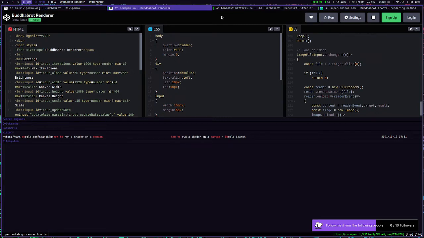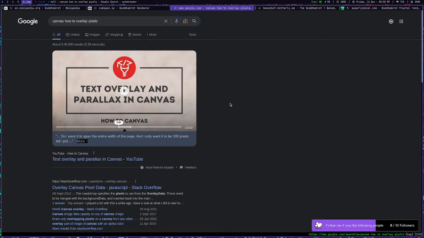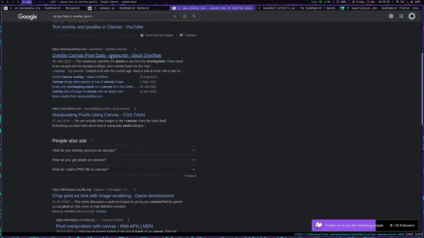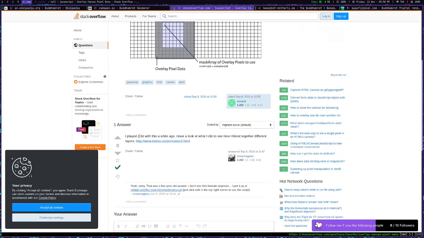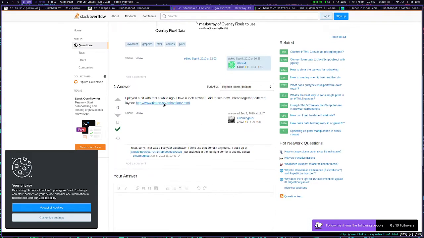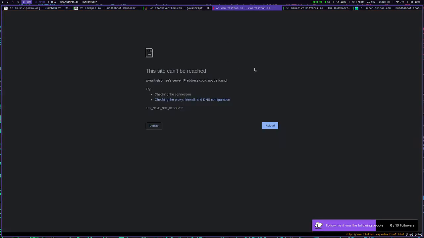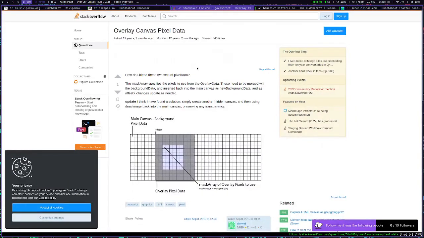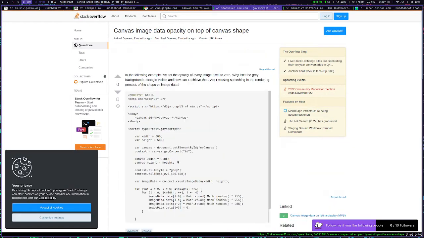No. Overlay pixels? No, that's not it. That's not even close to what I want. Overlay pixel data. Maybe have a look at this. Is this kind of okay? Broken link. That's always a good sign, right? Canvas overlay, canvas on top of canvas shape.